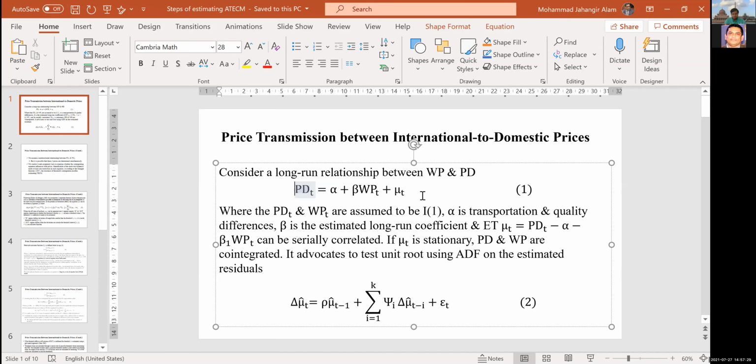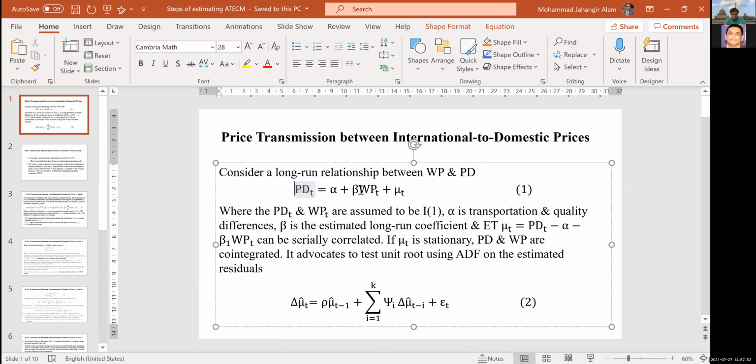If the market share of Brazil is not that big, it responds to the world market. But sometimes it's really big, so it's the other way round: the Brazil or domestic market price is influencing the world market.